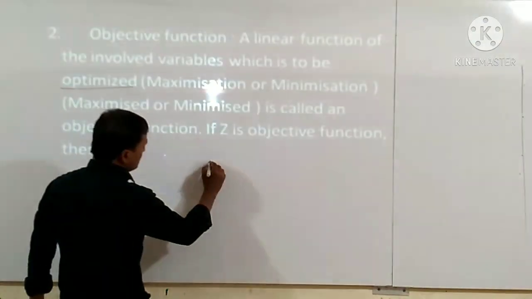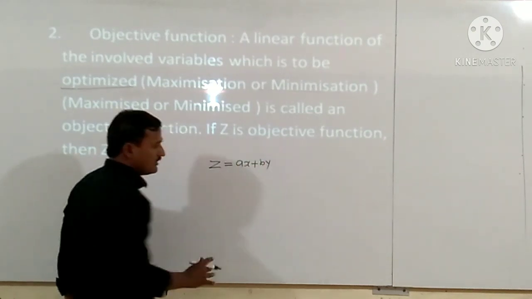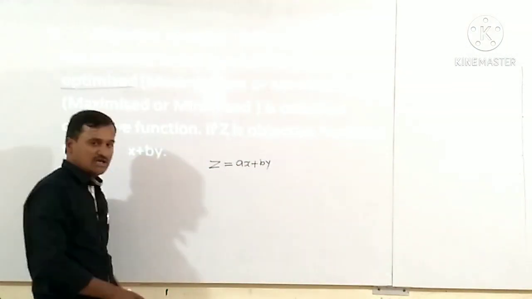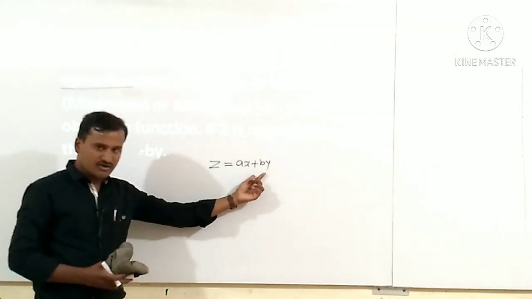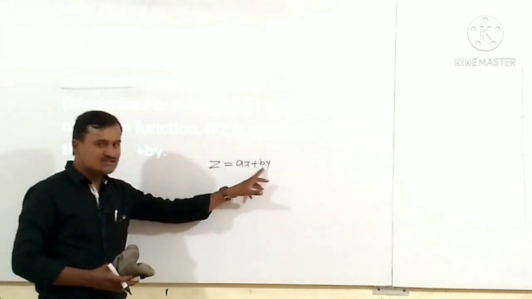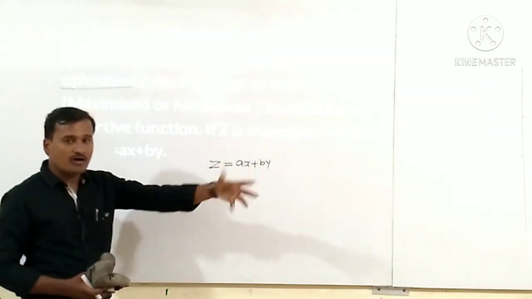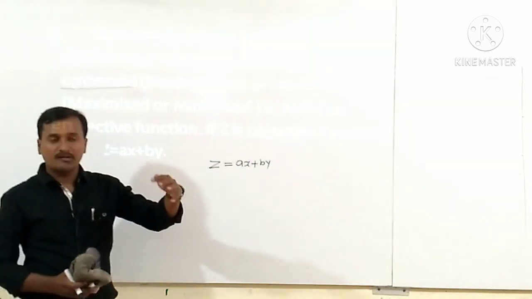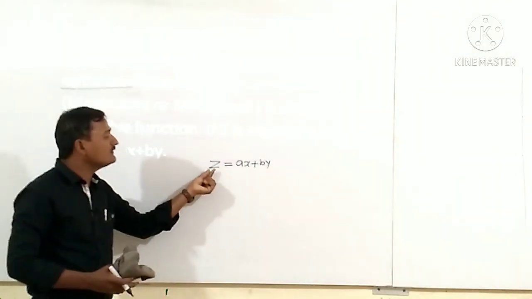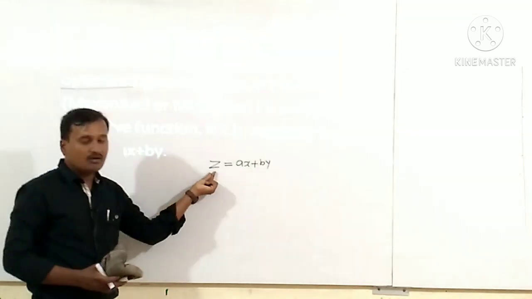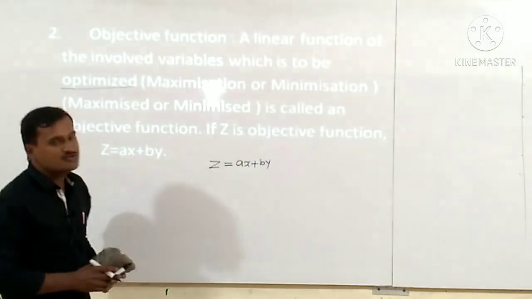So objective function is always denoted by Z, and this is a linear function involving the decision variables x and y. In the linear programming problem, we always find the maximum or minimum of this function, that is called the objective function.